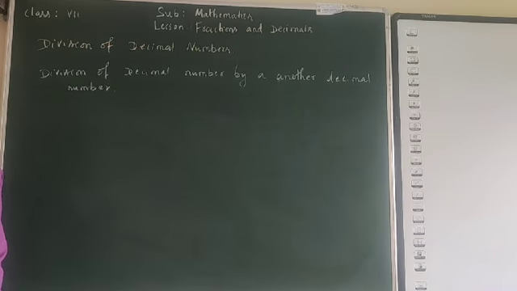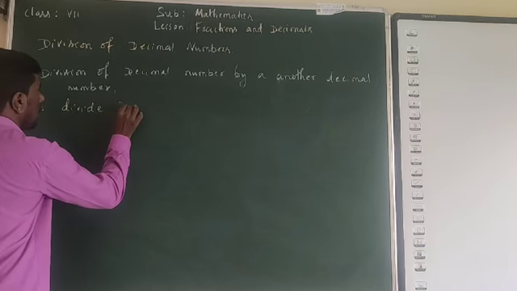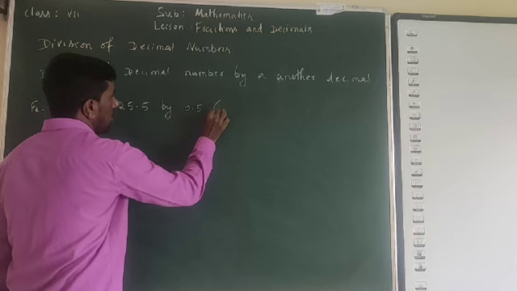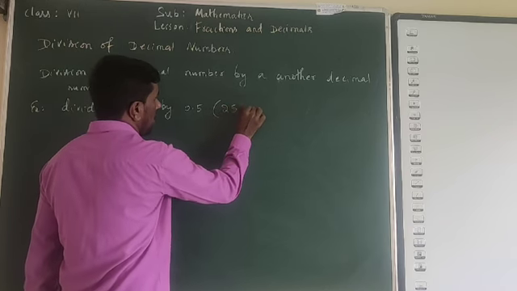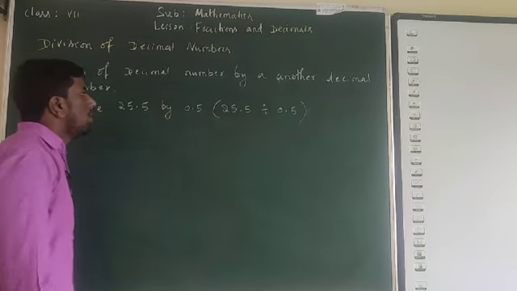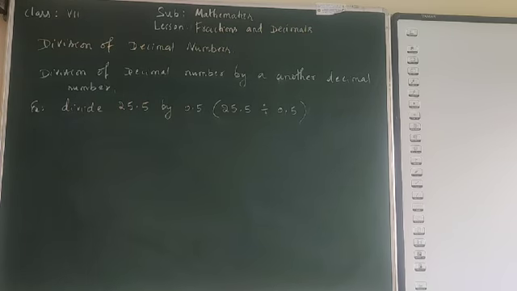We'll do this. We'll take an example. Divide 25.5 by 0.5, which is 25.5 divided by 0.5. We need to divide it. Observe that both are decimal numbers. We'll see this.